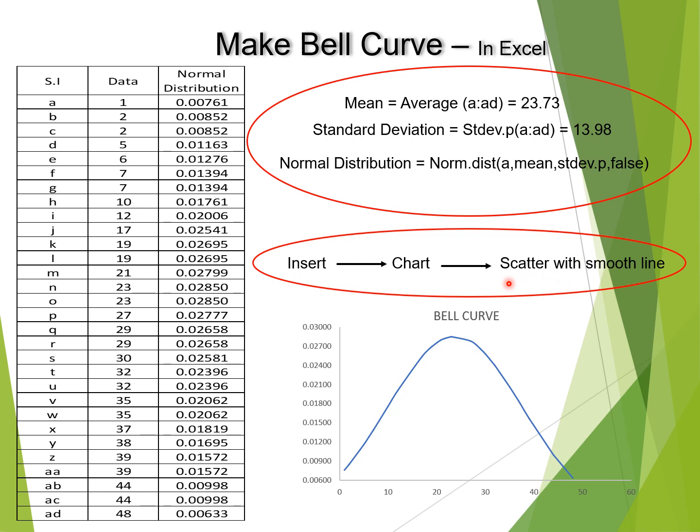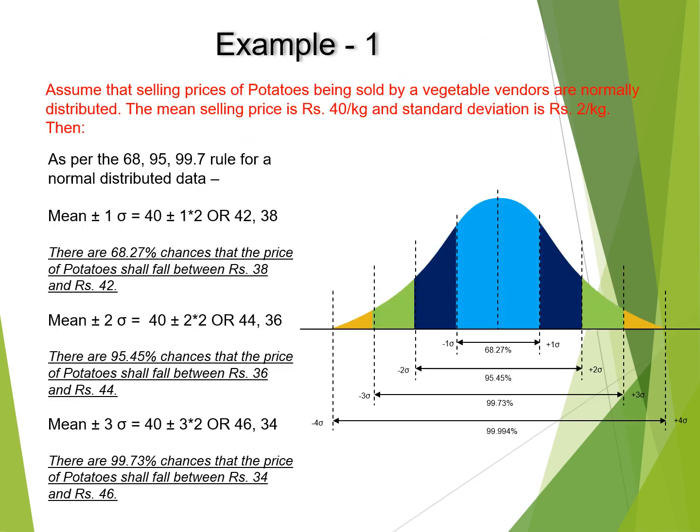Once you click here, you will get this bell curve. This is how we make a bell curve in Excel. We follow a different method to generate a bell curve in PowerPoint. This bell curve is generated in PowerPoint.